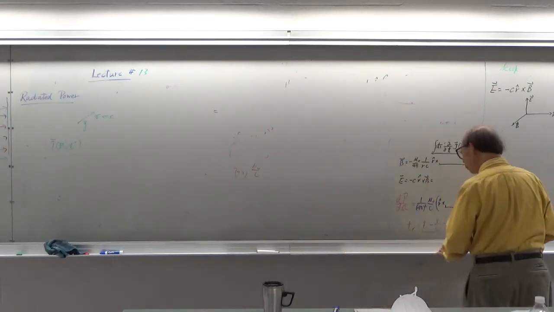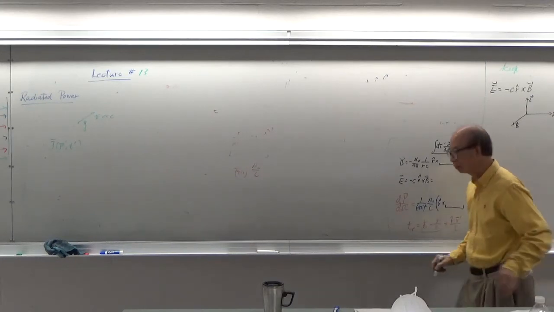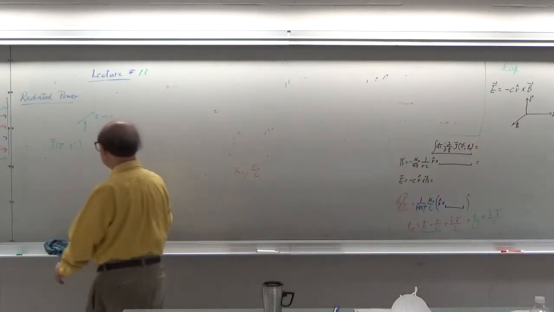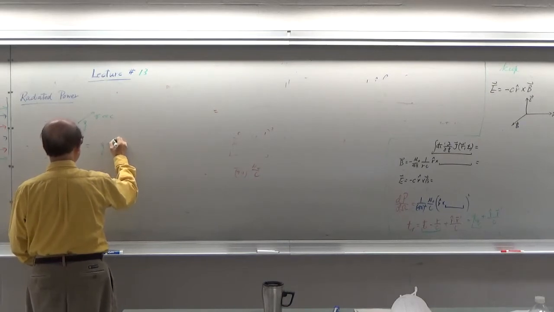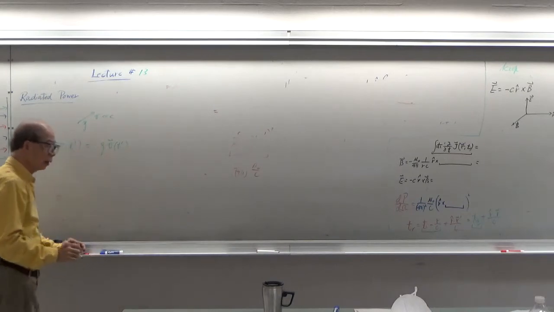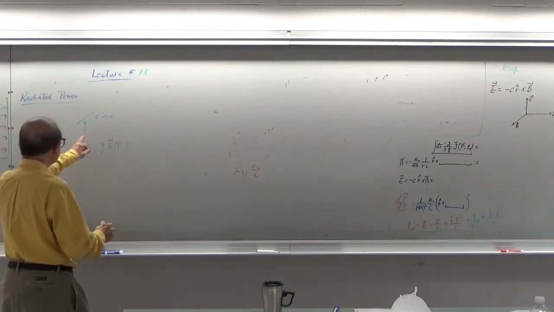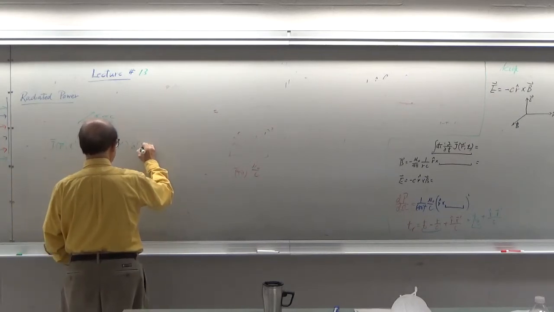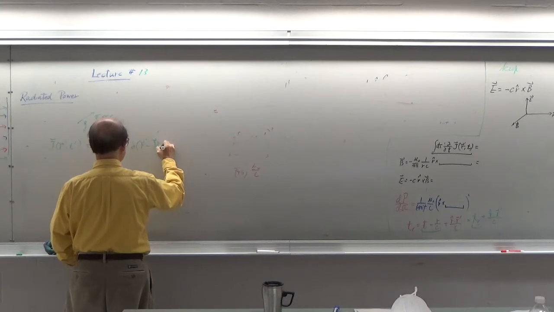To the lowest order of approximation, this is the emission time. So this is equal to Qv at t prime, and at t prime this particle is at the location big R at t prime.